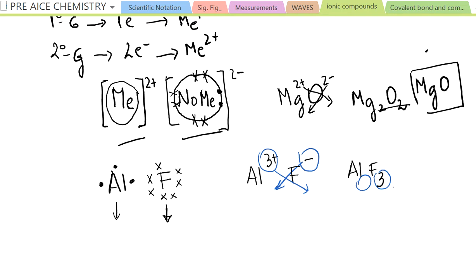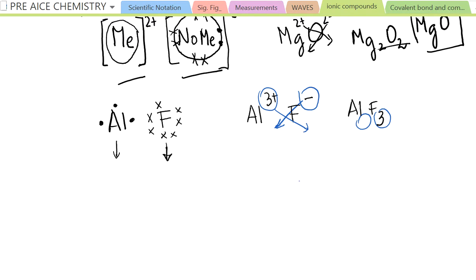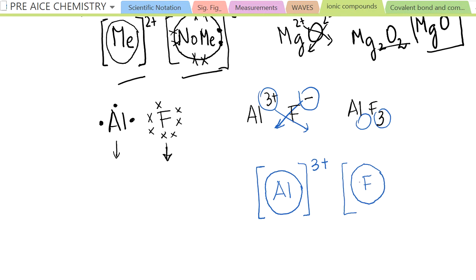Is that clear? Now, how do we represent that with what we call Lewis structure or the dots and crosses? Well, the aluminum is going to be empty, yes? Because the last level, it had electrons, but it doesn't have any anymore. The charge is going to be the same charge as the electrons that it lost, 3 positive. And then we have the fluorine, and we always need to show the amount of electrons present. 1, 2, 3, 4, 5, 6, 7, and the last one is one of the ones that came from the aluminum.